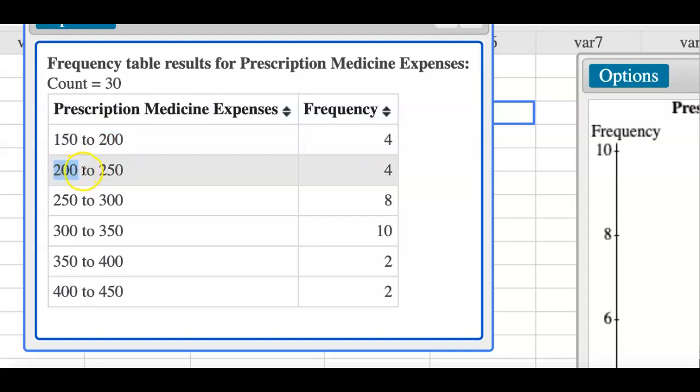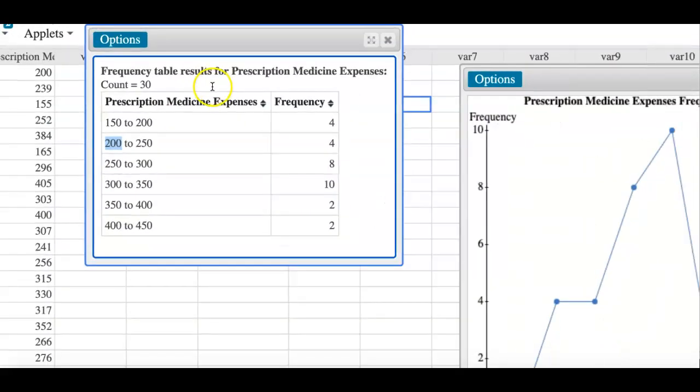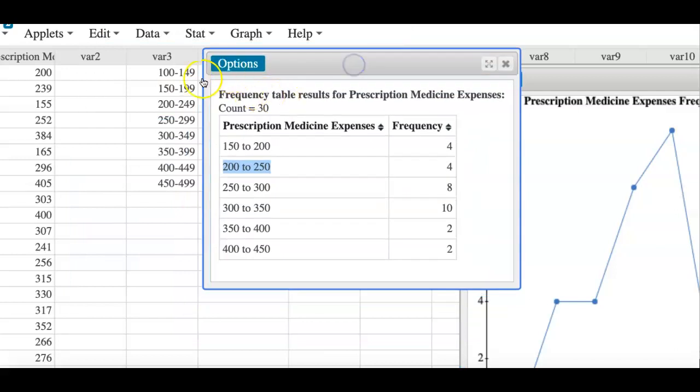It wasn't easy for me to figure out what was going on until I looked at that histogram with the square bracket and parenthesis. The 200 should not fit into both the first and the second interval or class. So I needed to adjust that a little bit. I went from 150 to 199 instead of 150 to 200 before I found the midpoint.